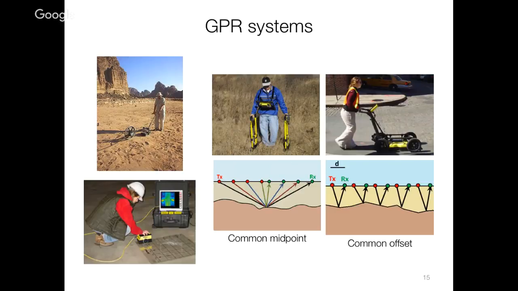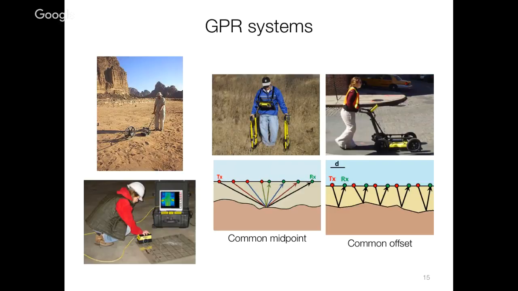Sometimes, in archaeology, here's an example. The unit is sitting here, and he's just pulling it. Sometimes you have antennas that are independent of each other, and you can do various things. You can change orientations. You can move them away.